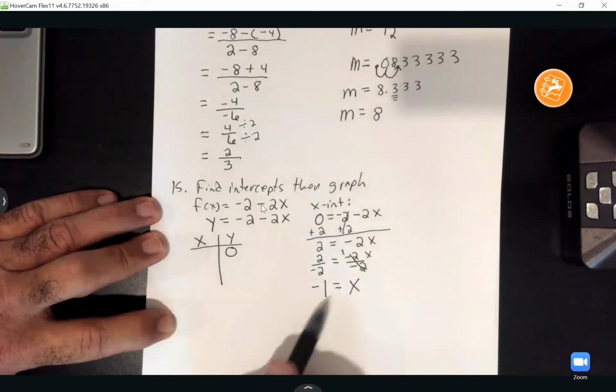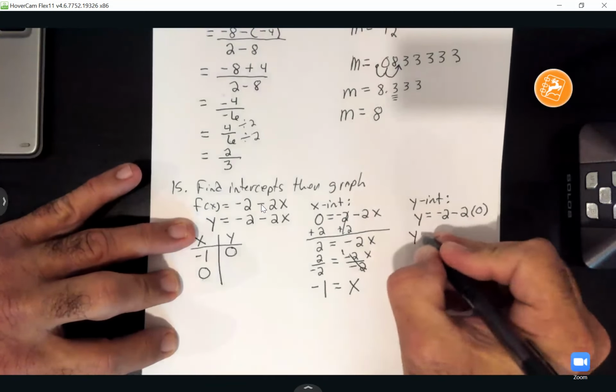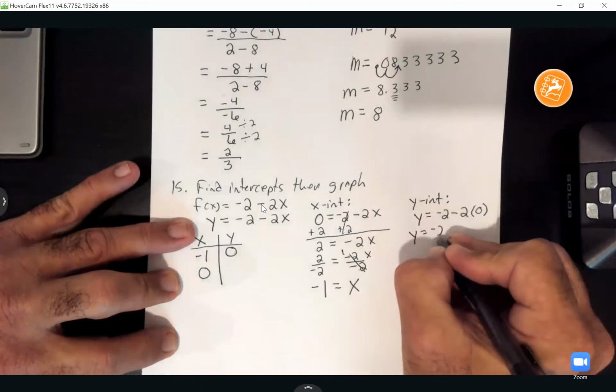Then you got to come in and get the y-intercept. So to get my y-intercept, I'm going to set the x equal to 0. So here we go. That's going to give me y equals -2 minus 2 times x, which is 0. All right, bring it down to -2.